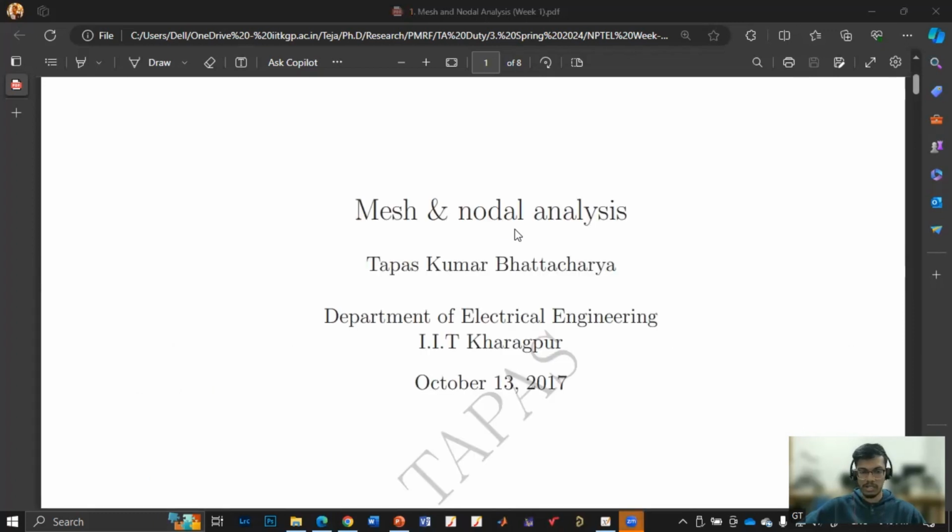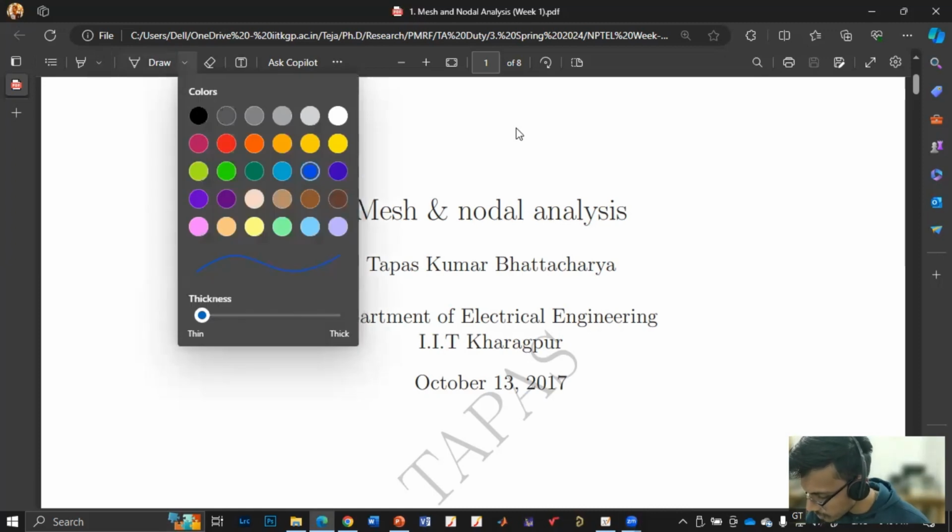It is just an introduction to circuits, circuit elements and the sources. So what type of sources are there mainly? Voltage source and current source, right?